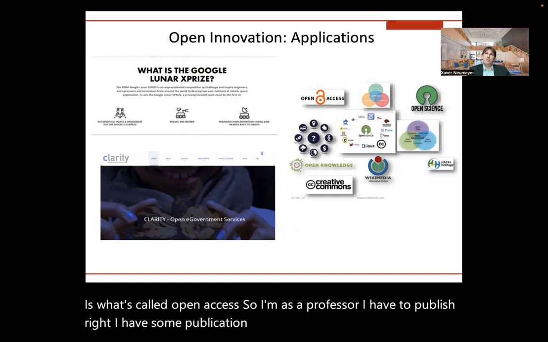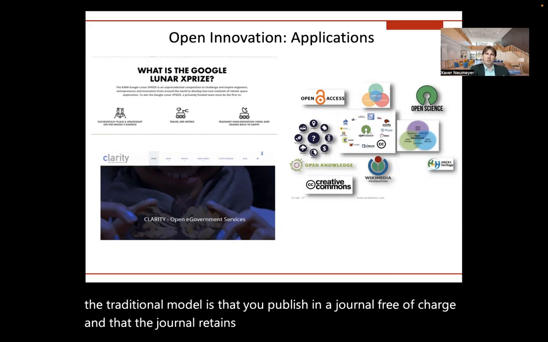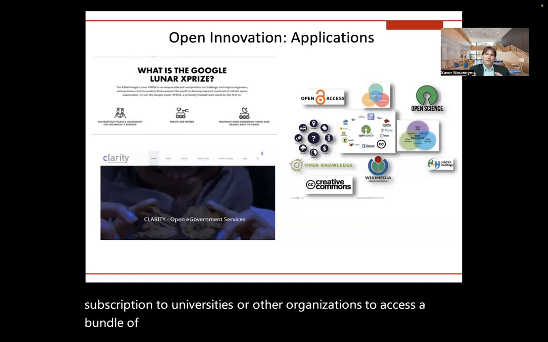And what used to be the traditional model is that you publish in a journal free of charge, and the journal retains the copyright and then sells a subscription to universities or other organizations to access a bundle of journals and a bundle of publications. That became increasingly expensive for universities, and so there have been a lot of fights between the publishers and the universities and other organizations.